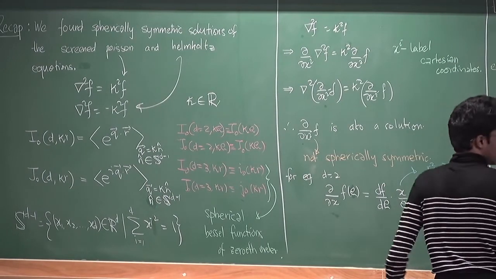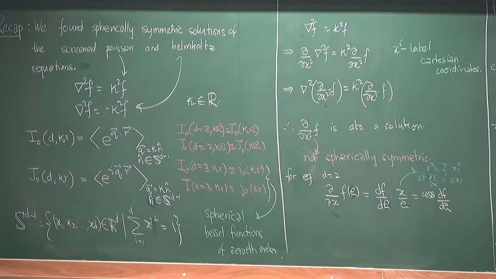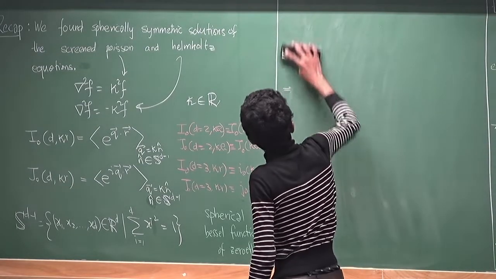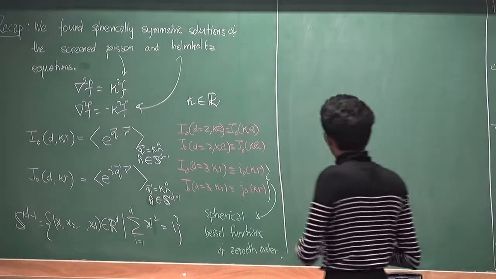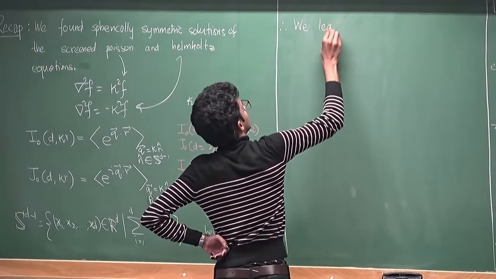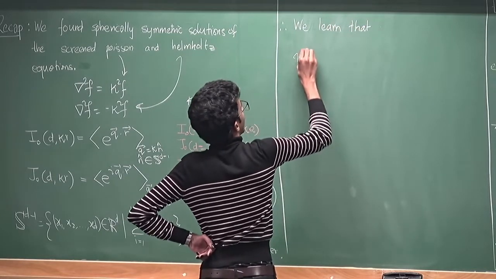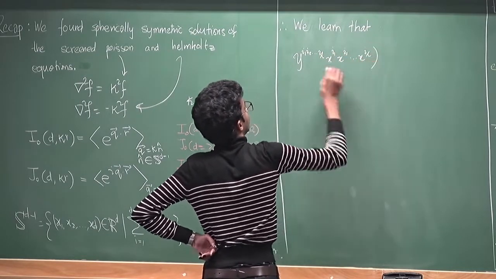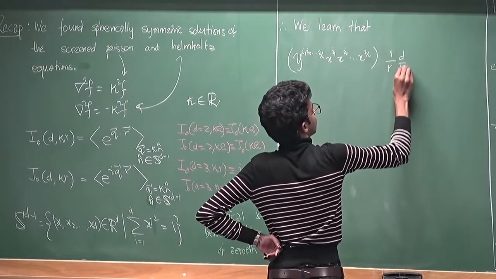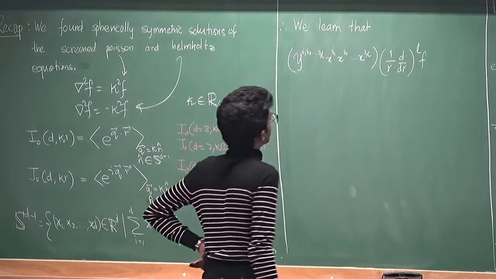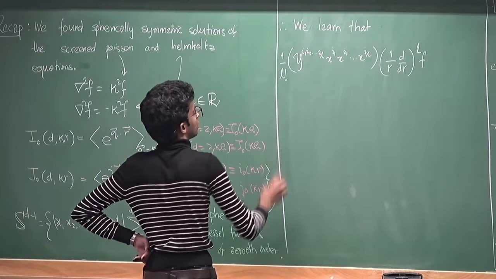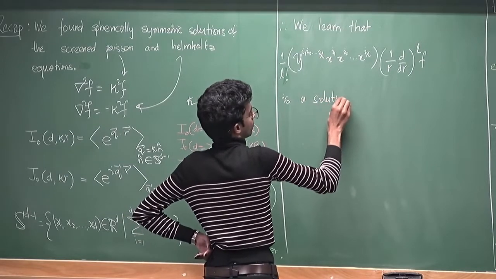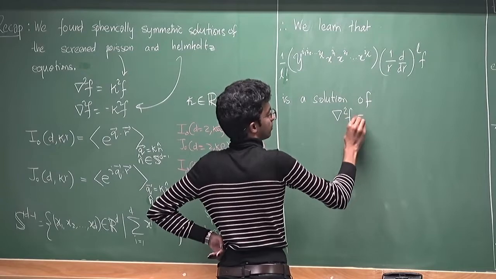Okay, so we come back here, and what we have just seen, therefore, we learn that y^{I1 I2 ... IL} x_{I1} ... x_{IL} times (1/r d/dr)^L f, let me normalize it by a 1 over L factorial, is a solution of grad squared f equal to kappa squared f.